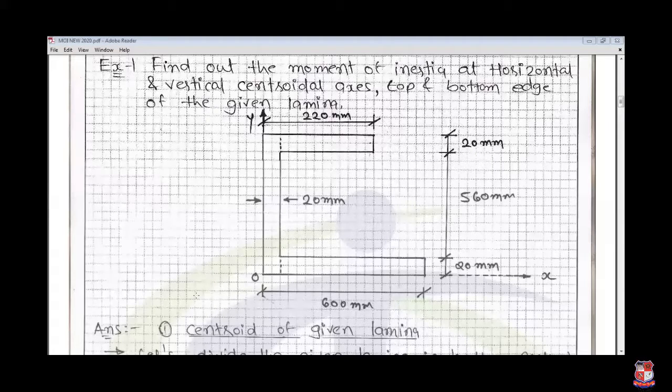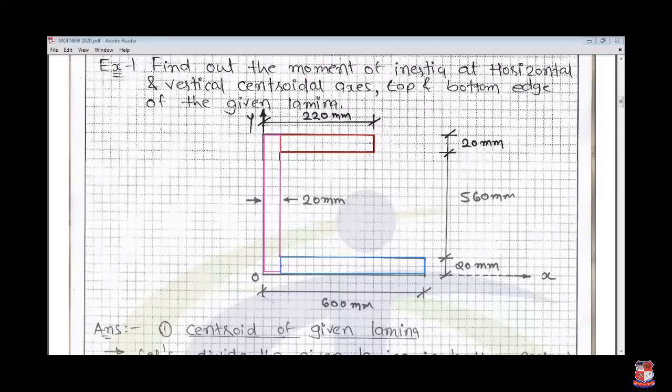So you have to divide your object geometry here: first portion, second portion, and here your third portion. You have to divide this geometry into 3 parts.